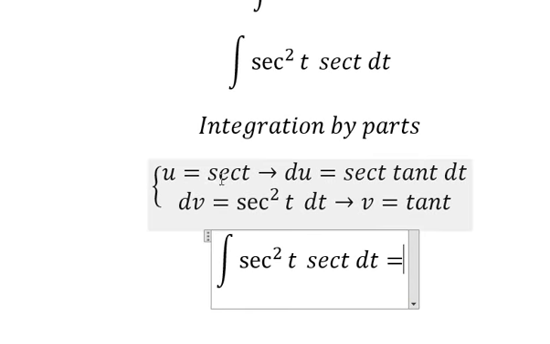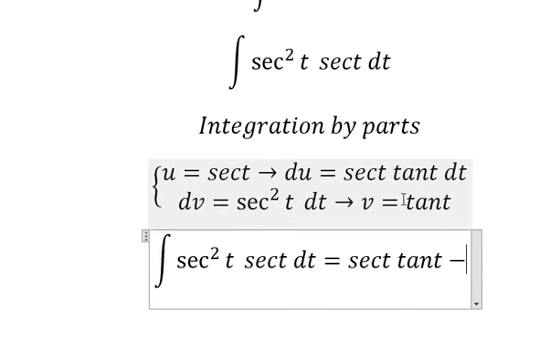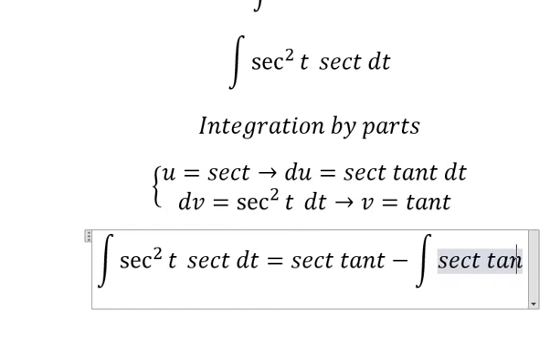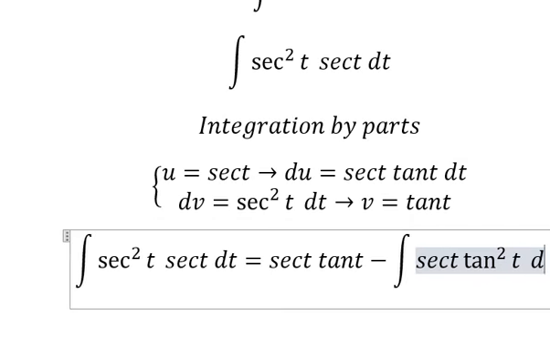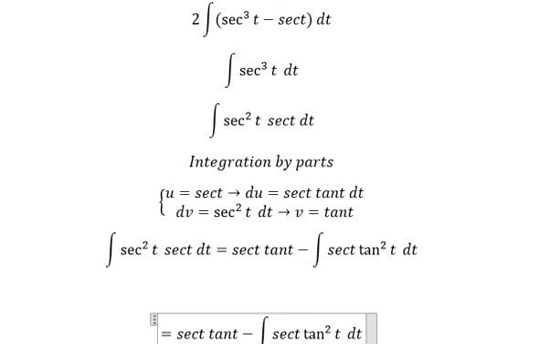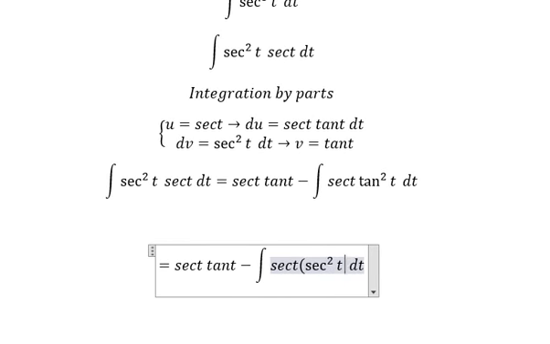So we have u multiplied by v. So we have secant t tan t minus the integral of v du. So we have the integration of secant t tan squared t dt. Now we know that tan squared t is secant squared t minus 1.